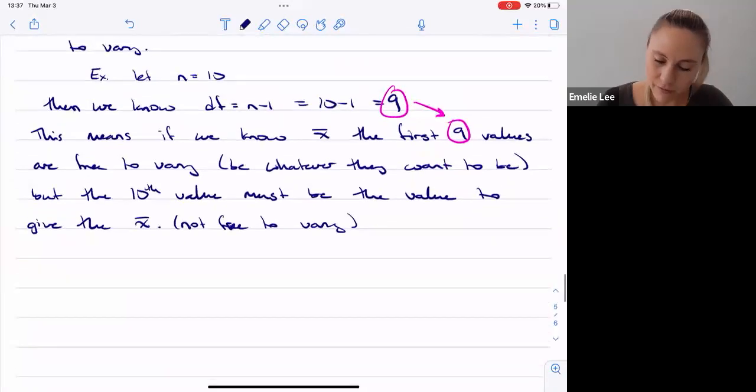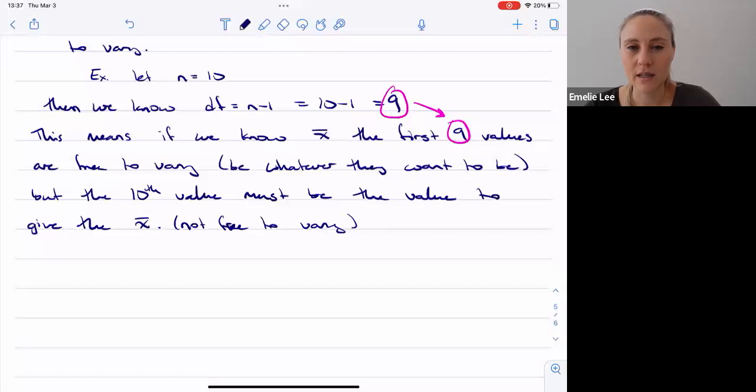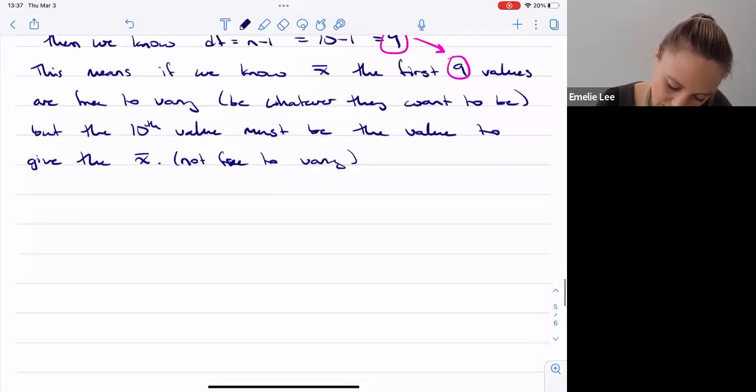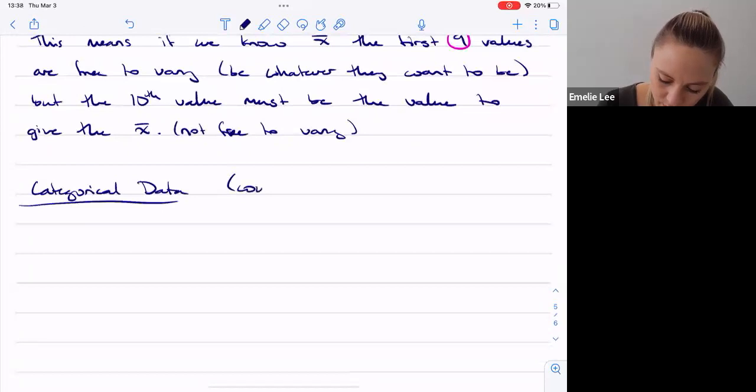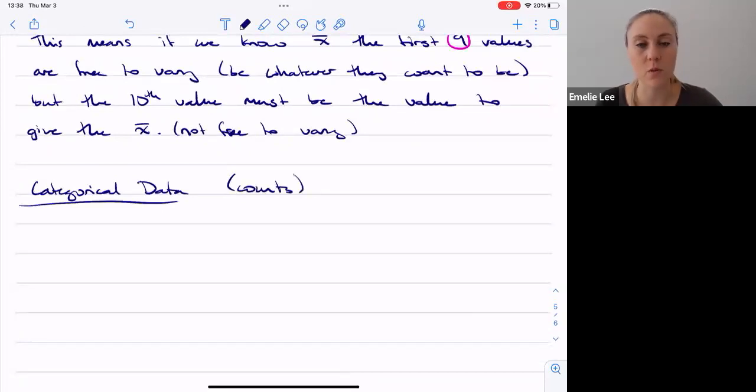Let's talk about, so we've focused on numerical data. What can we do for categorical data? So now categorical data is usually involving counts of some sort.